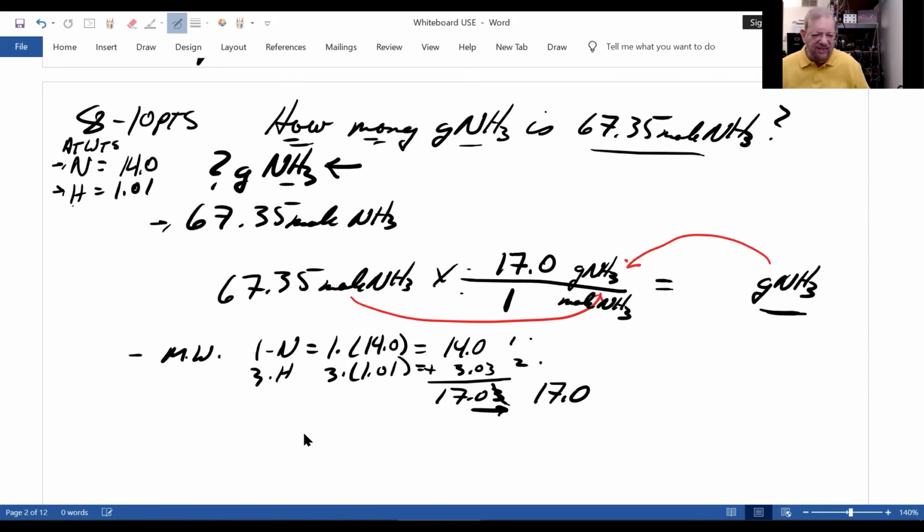And now before I pick up my calculator, I'll check: do my units cancel out so I get this correctly? Moles of ammonia divided by moles of ammonia. Remember, anything divided by itself equals 1, which means it cancels out. These cancel out. I'm left with grams of ammonia, which means I'm on the right track. And it's time for me to pick up my calculator, which I'll do right now.